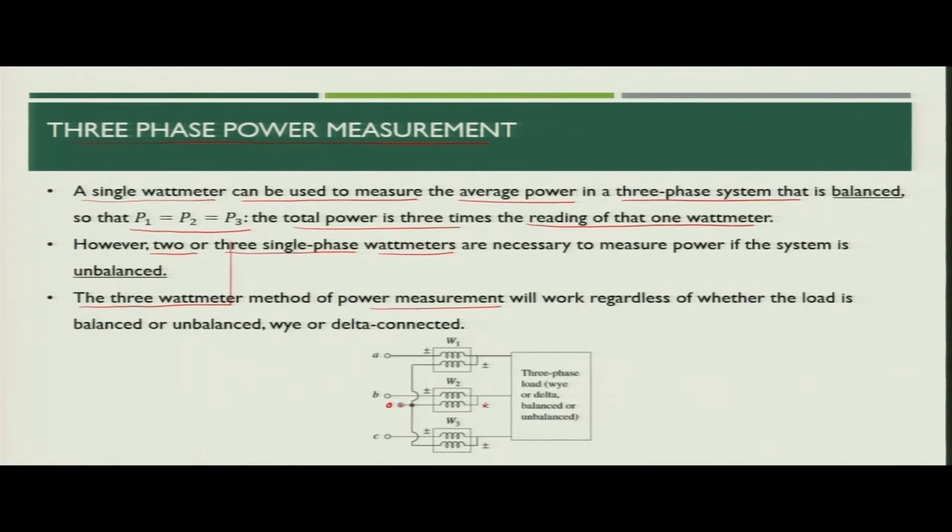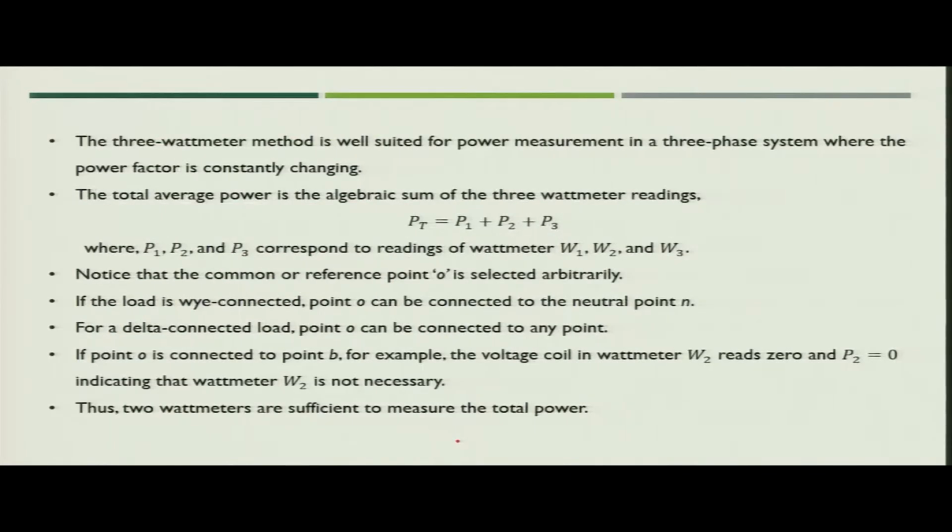Now, we need to find out how we will calculate the total power in case of a 3 phase load, which may be connected as Y or delta, and which can be either balanced or unbalanced. So, now let us see how we will find the value of the total power being consumed by this load with the help of the readings which we get from these 3 wattmeters.